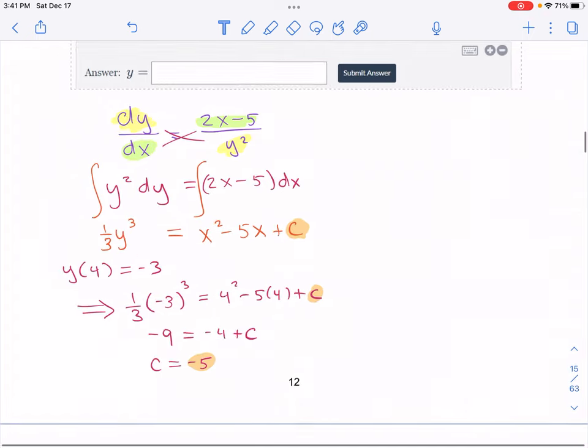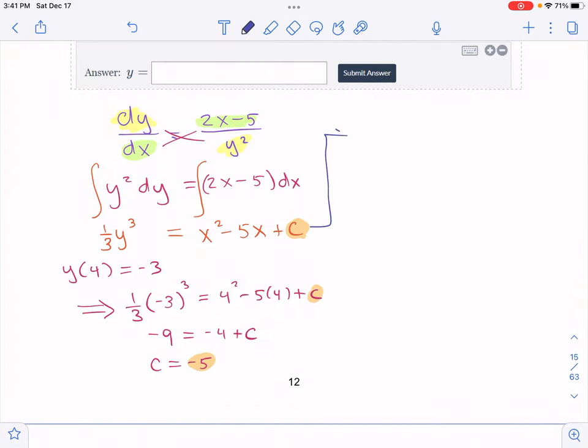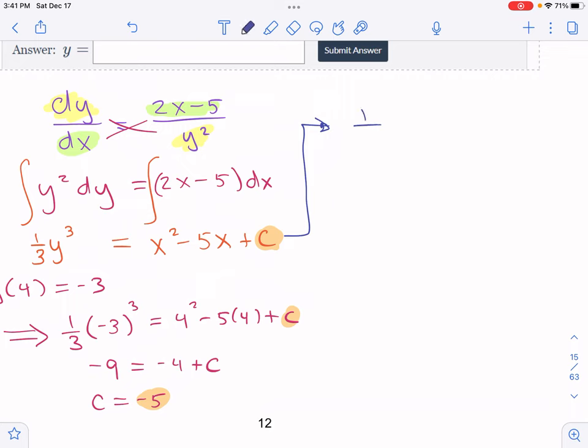Now what? We're going to continue from here and just perform the algebra needed to isolate the y. So I'm at the stage where 1/3 y cubed is equal to x squared minus 5x minus 5, because that was my c.